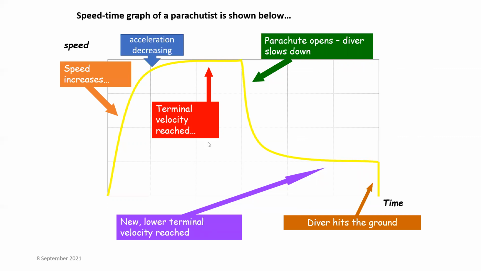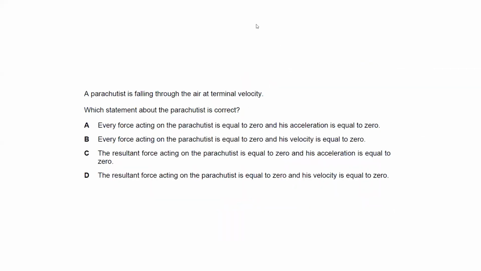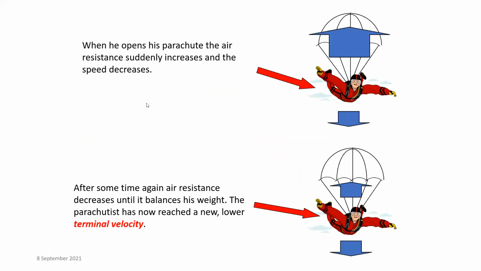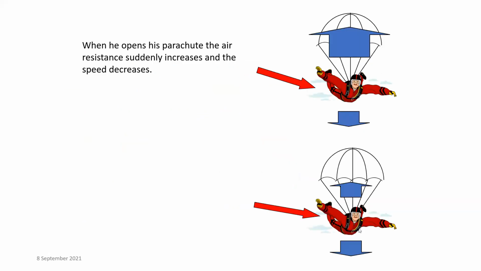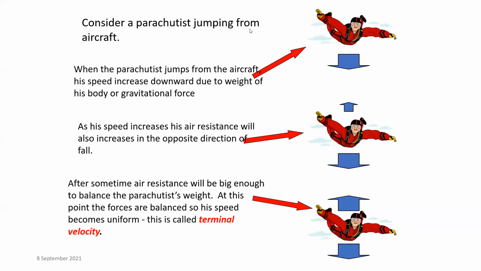Now some questions related to this. A parachutist is falling through air at a terminal velocity. Terminal velocity means constant velocity. So what is the condition for terminal velocity? As you can see in picture 3, he is moving at a terminal velocity with no acceleration.